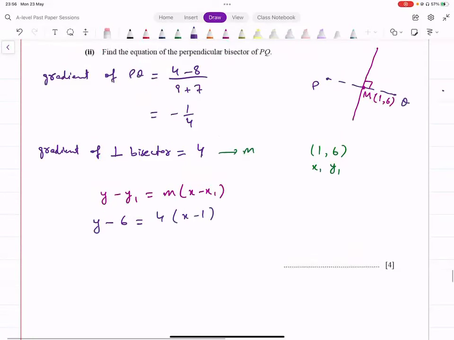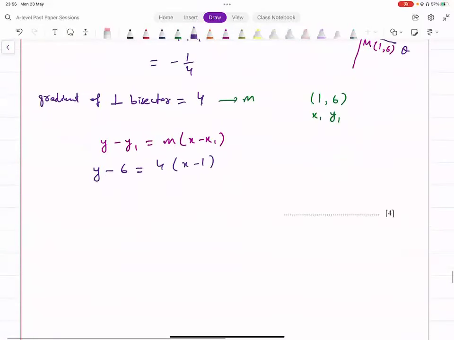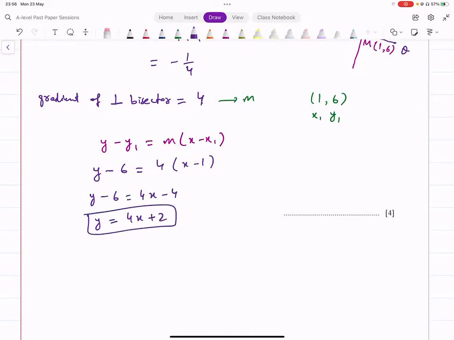And then you simplify that. इसने कोई specific form मांगी या नहीं मांगी, but you can simplify this. And you see what you get from that. y minus 6 equals 4x minus 4, and y equals 4x plus 2, and that's the equation.